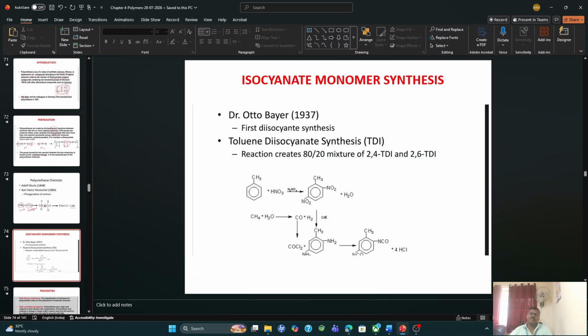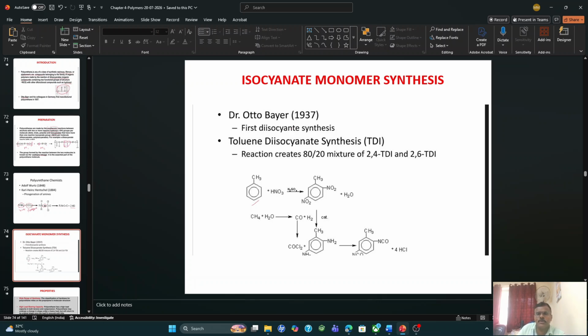And in 1937, Otto Bayer started with the diisocyanate, took the alcohol, and did the reaction. So what is the reaction? Taking toluene, he did the nitration. The nitrating mixture is nitric acid and sulfuric acid.